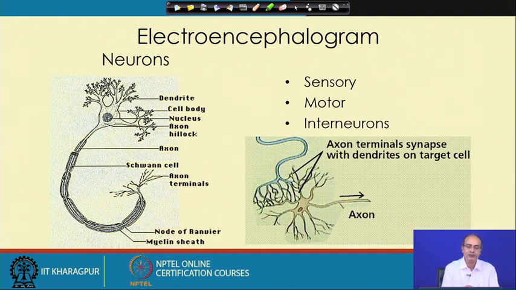Here we see on the left hand side the picture of a neuron. Here is the cell body, and at the top of it, just like the branches of a tree, we get some offshoots, that are called dendrites.